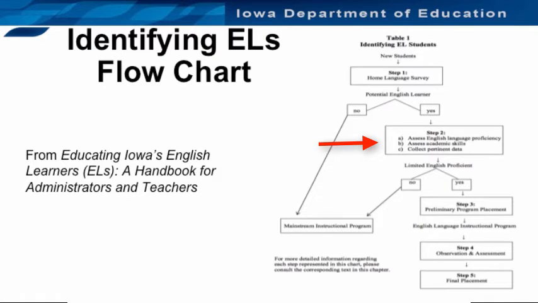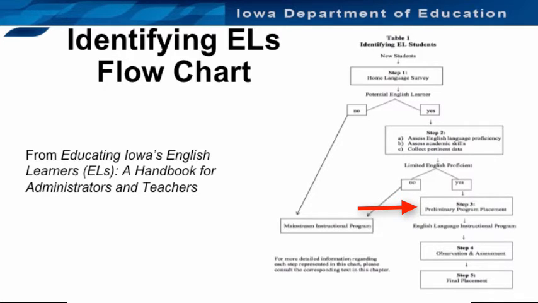In step 2, you collect 3 types of information: assessment for English language proficiency, academic skills, and pertinent data. After collecting the information and determining if they are limited English proficient, if the answer is no, they move into the mainstream instructional program. If based on all of that data the answer is yes, then you move to step 3, which is the preliminary program placement.